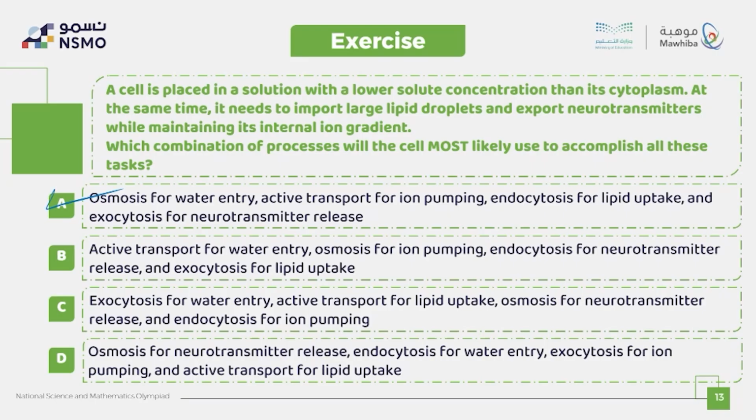Why A? Because A contains all correct combinations. What are all the correct combinations? Osmosis plus active transport plus endocytosis plus exocytosis. And A is the only option that correctly combines all these main transport processes. So the answer would be A.